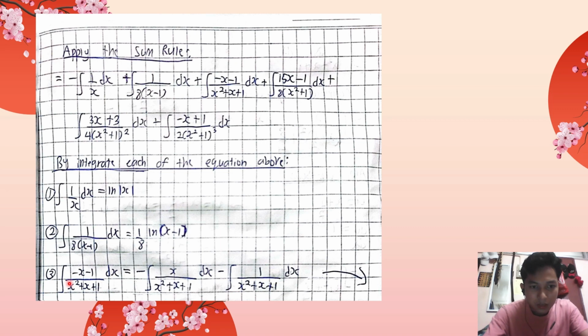Then for the third equation, negative x plus 1 over x to the power of 2 plus x plus 1 dx, we can divide it over by 2, which gives negative integral of x over x to the power of 2 plus x plus 1 dx minus integral of 1 over x to the power of 2 plus x plus 1 dx.